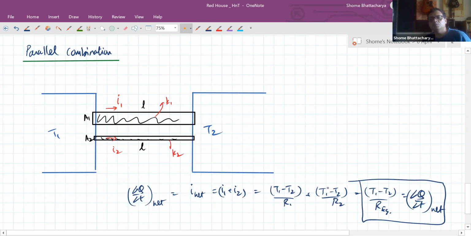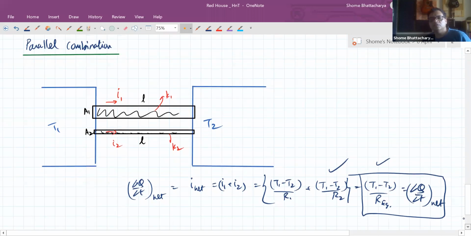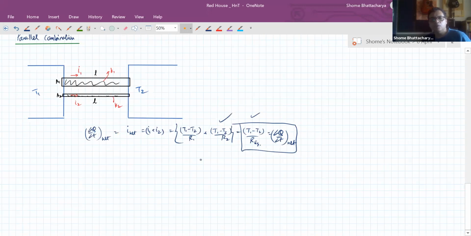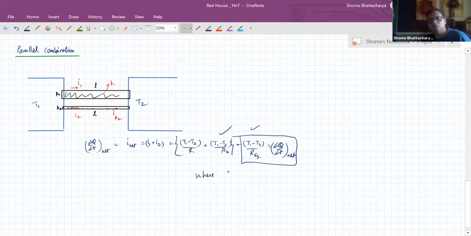Comparing this whole equation with this one, you get the standard formula that the reciprocal of the equivalent resistance is the sum of the reciprocals. Here the L is common, but it could be different also. So this becomes the equivalent resistance.